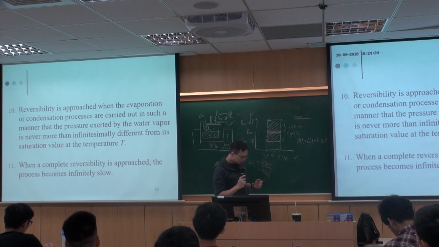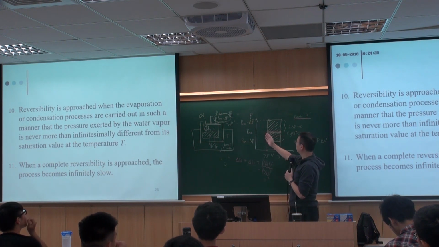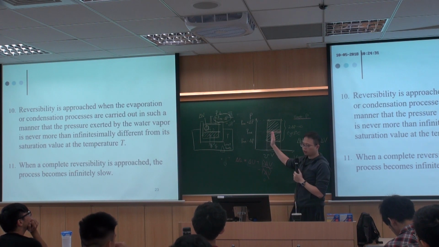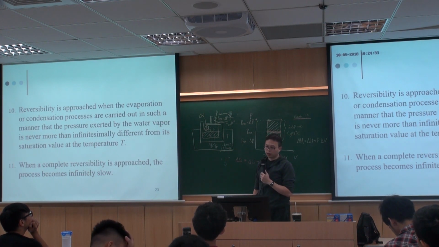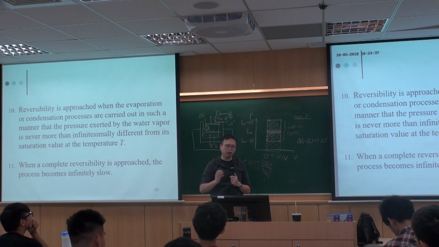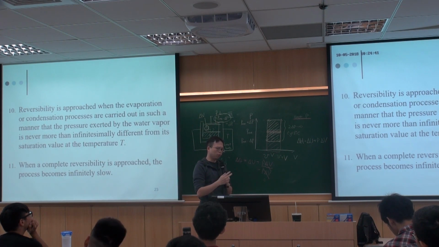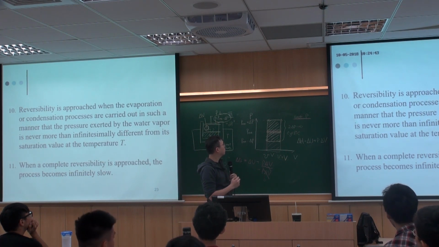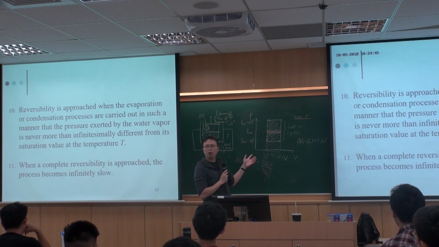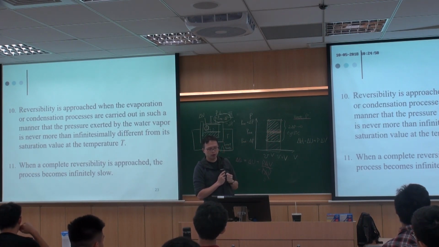That's not the case for the reversible process, because the system does some work on the surroundings during the process from here to there, and when it goes back, it just needs the same amount of work to restore the original state. But that's not the case for the irreversible process, because the area is finite.